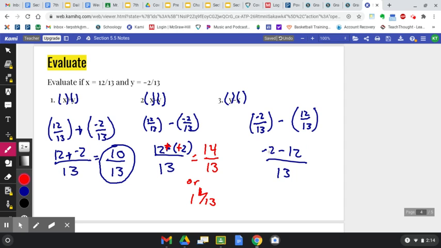So subtraction, we're going to go leave, change, opposite. All right, so negative 2 and negative 12, same sign. We add them. And we get negative 14 over 13, which would be negative 1 and 1/13.